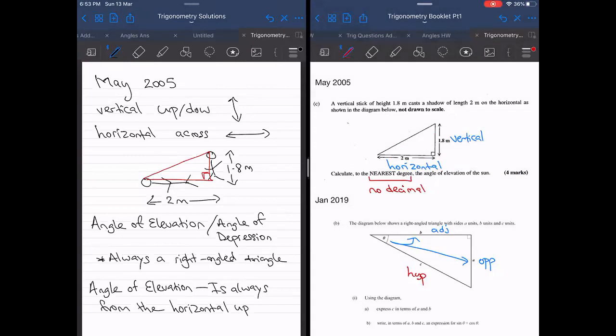But it can't be the one up the top, because that one is not coming from a horizontal. The horizontal is here, and then the angle goes up. So this is the angle of elevation. You always want to remember the angle of elevation is always from the horizontal going up. If I put it here, this is from the slant down or the vertical up. That's not the definition. It's from the horizontal up.